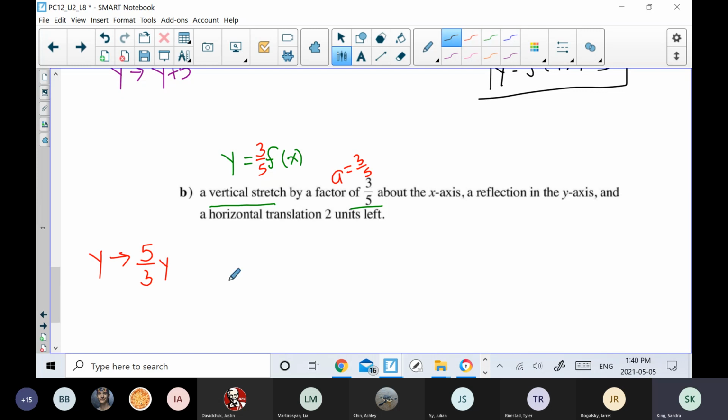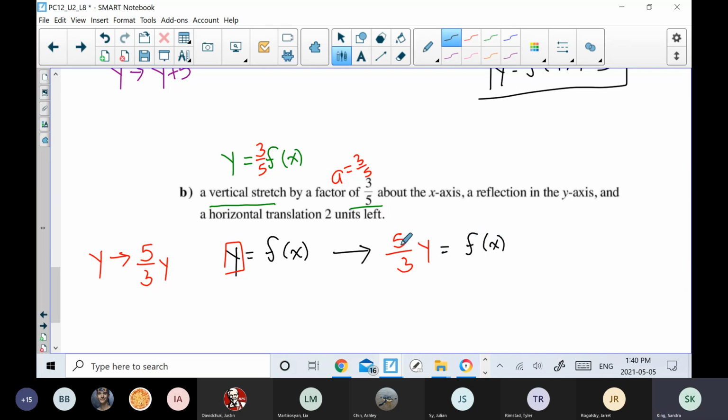So watch how this will work. The original equation is this. Y is equal to f of x. Draw your arrow. I need to get a 3/5 over here. So I'm going to take this y out, and I'm going to put in 5/3 y is equal to f of x.